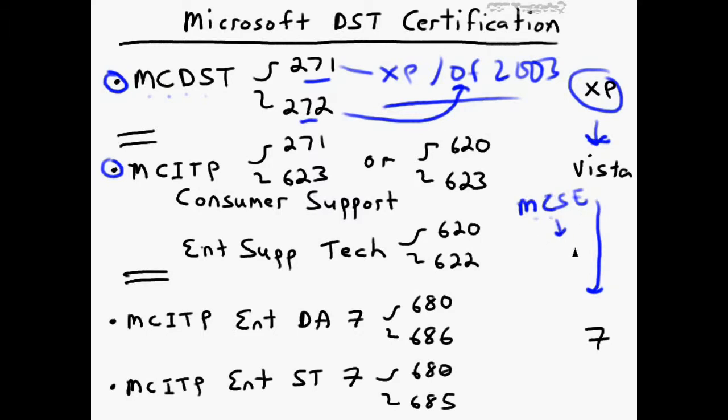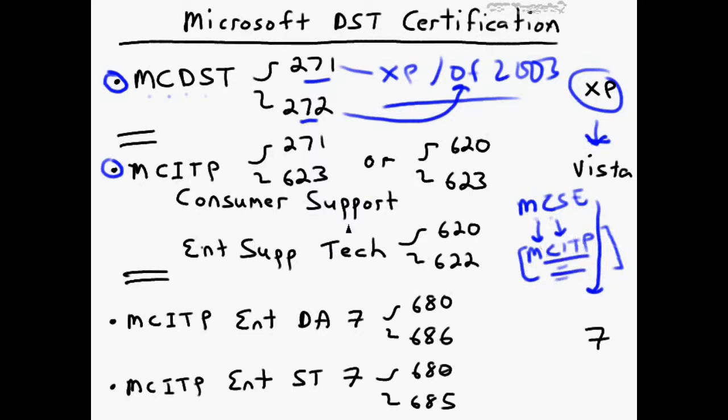Nowadays, that is to say, as of Windows Server 2008, MCSE has been supplanted by not one but two flavors of the MCITP title. So this is going to take a while, I think, for human resources folks and experienced IT managers to make that transition in their mind. Normally, if you think top tier IT pro credential, it's MCSE, but that's gradually going away and moving towards this MCITP.